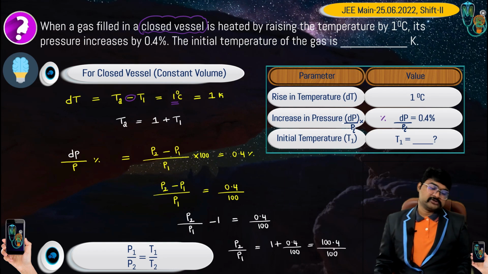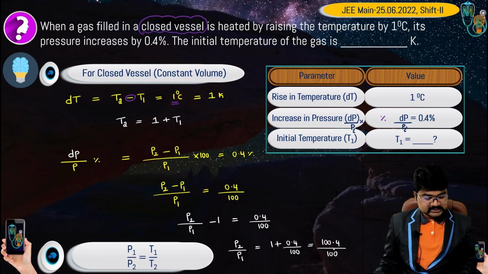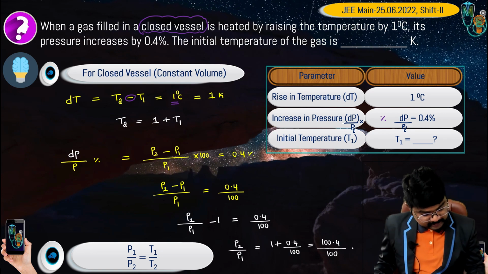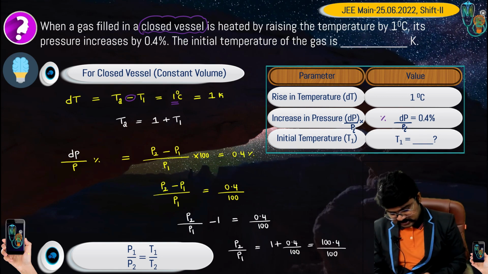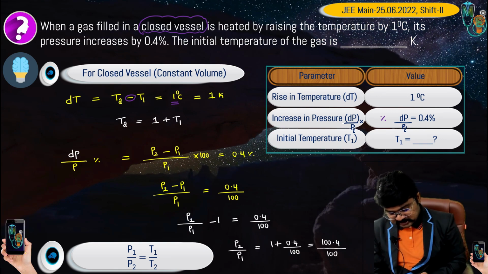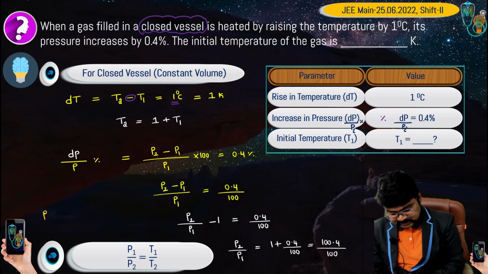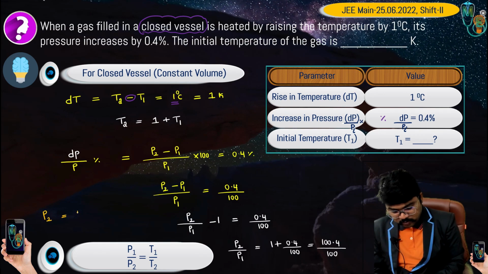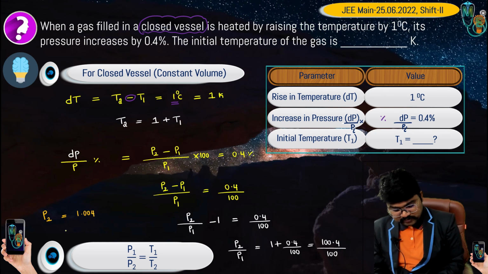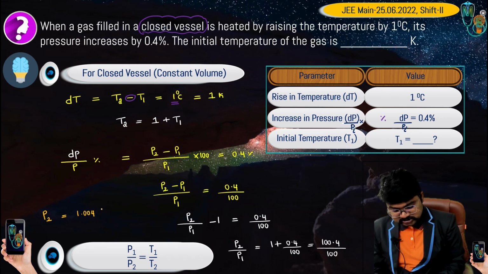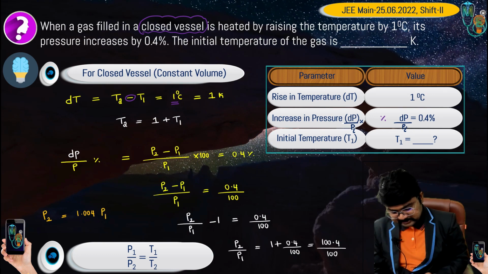Understood? So you will get 1.004. So finally, what is P2 here? P2 equals 1.004 P1.